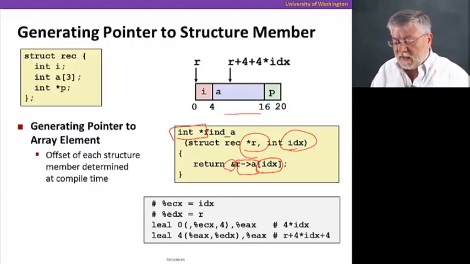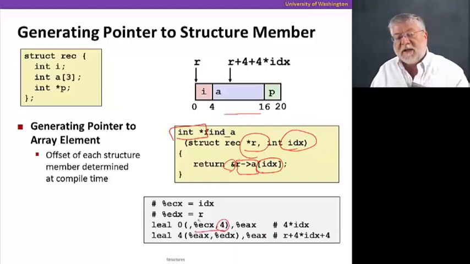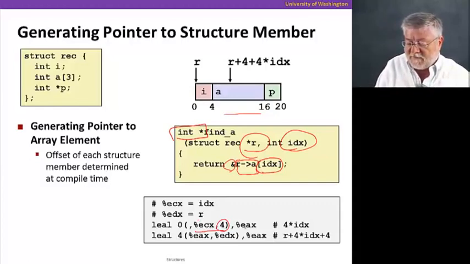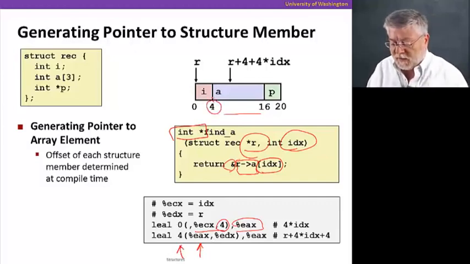Okay. How we see that in assembly code is just two simple instructions. The very first instruction computes the offset into the struct. So in this case, the offset is 4 times the index to get to the right position within the array. You'll then notice we'll take that value, which we store in EAX here, and add another 4 offset to it, because that array starts at 4 bytes into the struct.